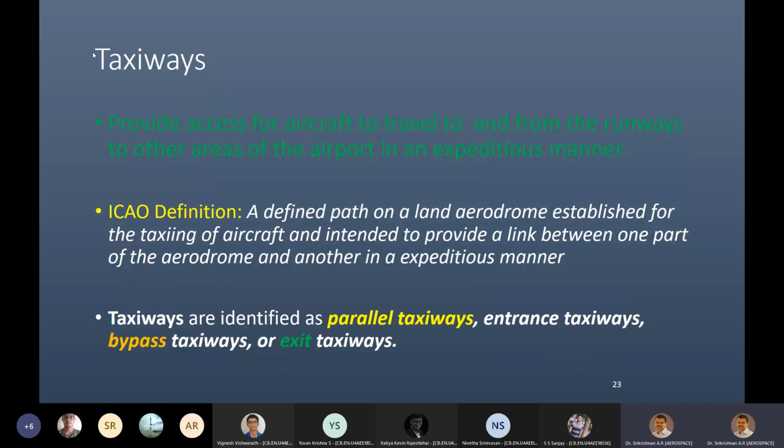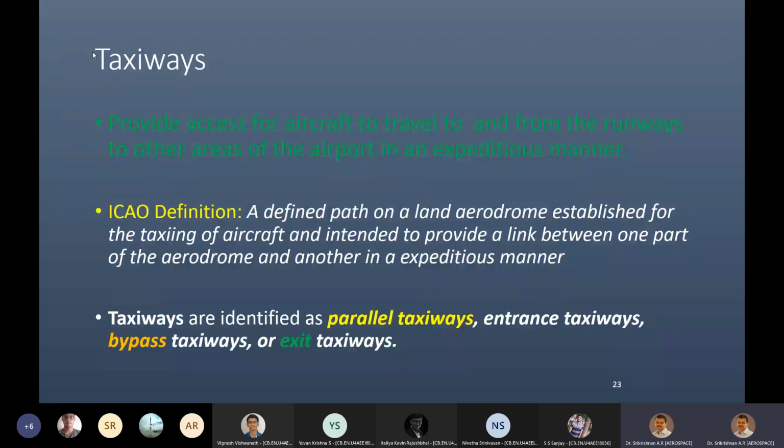So this is to clarify that it's based on land applications. A defined path on a land aerodrome established for the taxiing of aircraft and intended to provide a link between one part of the aerodrome and another in an expeditious manner. So to traverse that distance in a faster way, the roads provided are referred to as the taxiways.